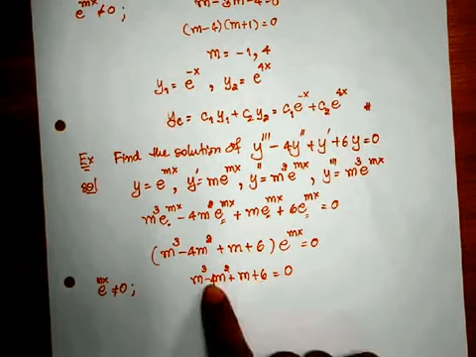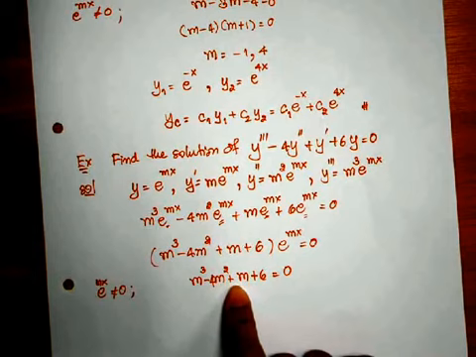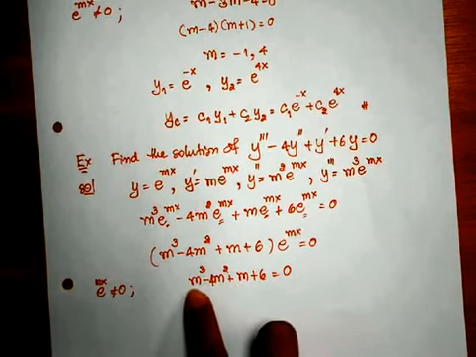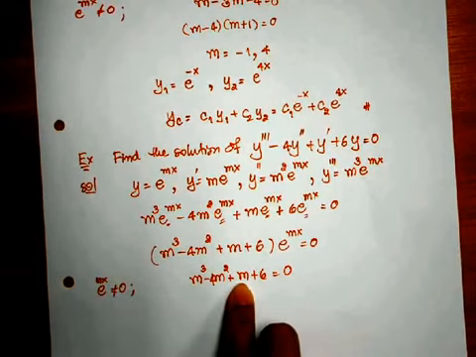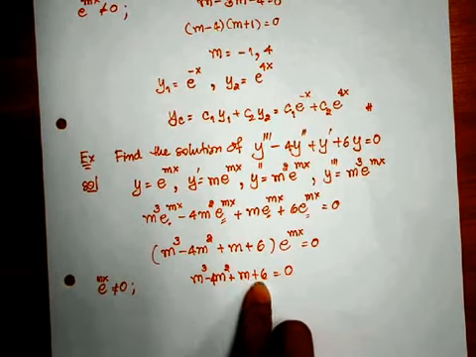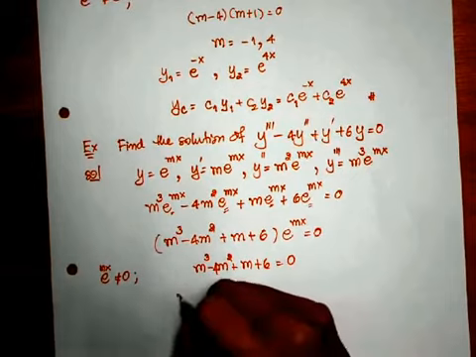Plus 1 doesn't work because we would get 8 minus 4. But if it is minus 1, minus 1 minus 4 minus 1 equals minus 6. Minus 6 plus 6 equals 0. That means m equal to minus 1 is one root of this characteristic equation. So we have m plus 1 as a factor.